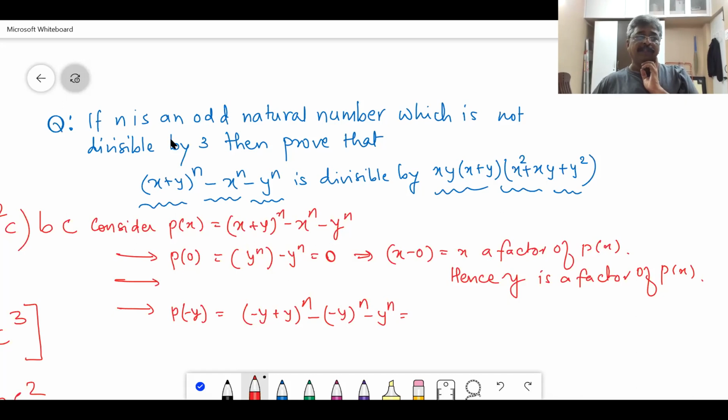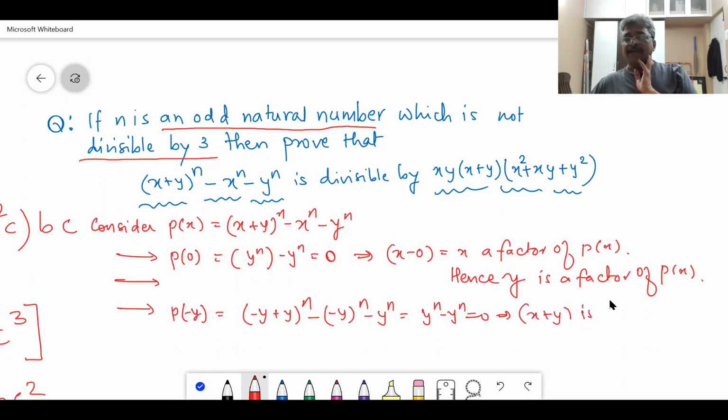Now here this given information is going to be useful. It is an odd natural number which is not divisible by 3. Okay, so n is odd natural number. Therefore, you get minus into minus, y raised to n minus y raised to n is equal to 0, implies x plus y is a factor.